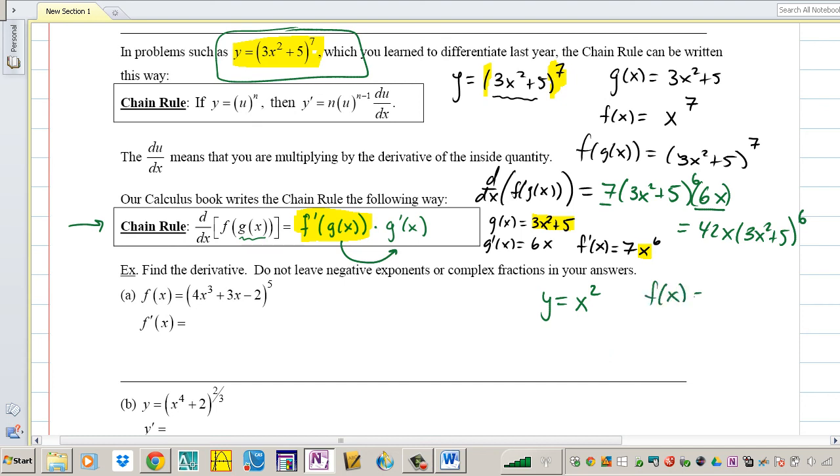I can say that f of x is equal to x squared, g of x is equal to x, and f of g of x is, here's the big picture. Something is being squared. Well, what is the inside function? Well, I'm going to say the inside function is x.